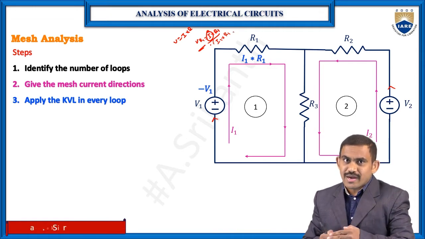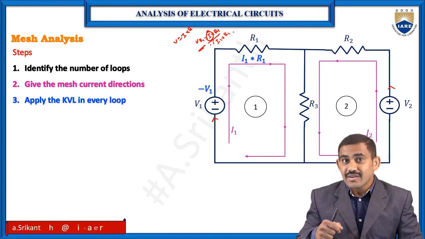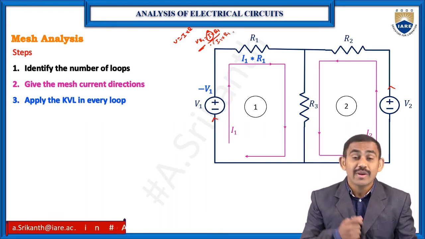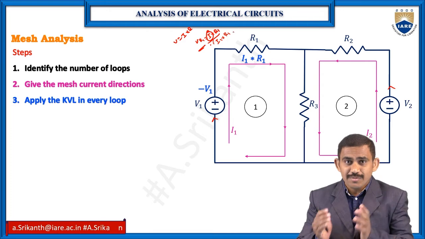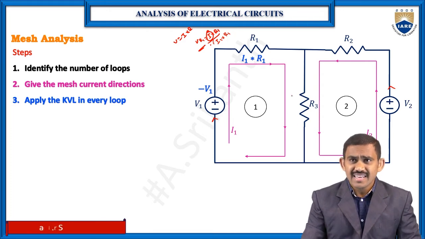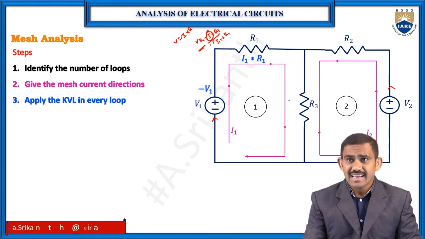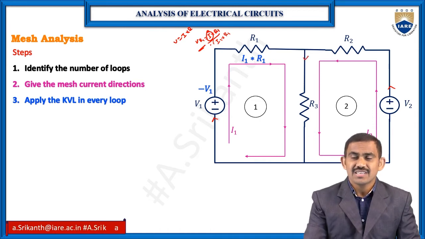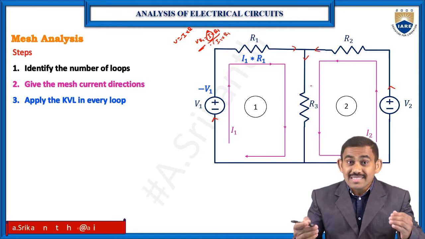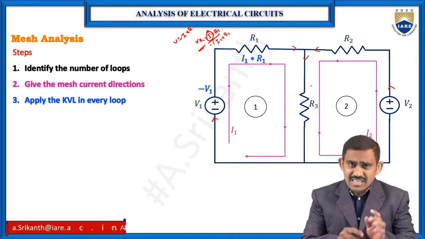Coming to the voltage drop across R3, what is the current at the R3 resistor? How many currents do we have? Just observe. At the R3 resistor we have the I1 current as well as the I2 current. In this branch we have both, and both are in the same direction, not reverse direction.